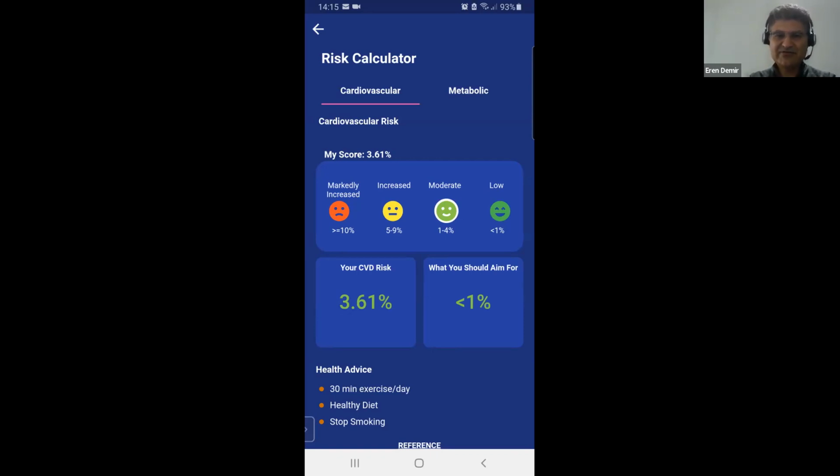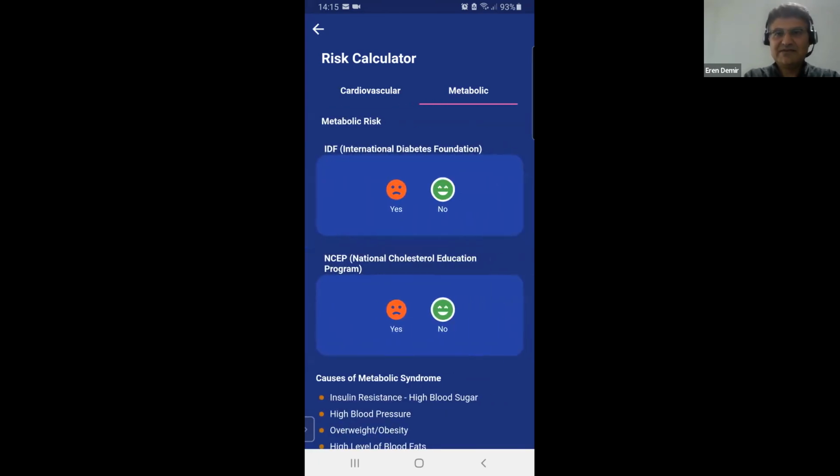So my health advice is 30 minutes of exercise per day, a healthy diet, and stop smoking, but the patient needs to consult their healthcare professional. So there's some additional support needed there. Metabolic syndrome risk, we know diabetes, for instance, is again another greater risk for people living with HIV.